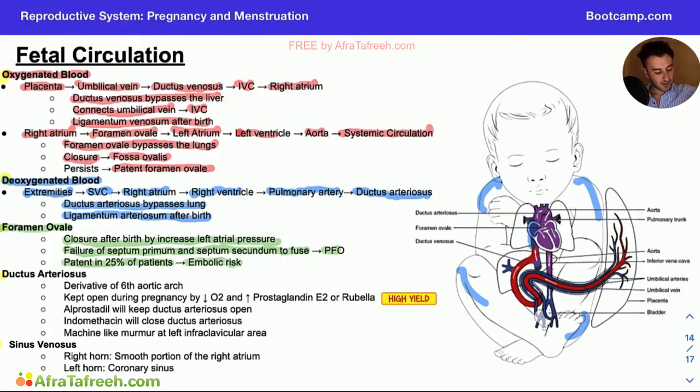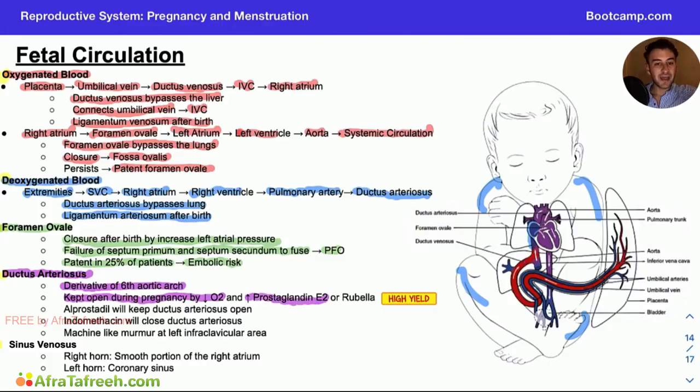Moving on now, let's talk about our ductus arteriosus, and I would say this is the highest yield of our vascular connections. There's a lot of questions that are going to be associated with this in terms of a third order question. In our derivatives video, we talked about the fact that this is a derivative of the 6th aortic arch. This is something they might ask on test day. During pregnancy, it's going to be kept open by decreased levels of oxygen and increased levels of prostaglandin E2.